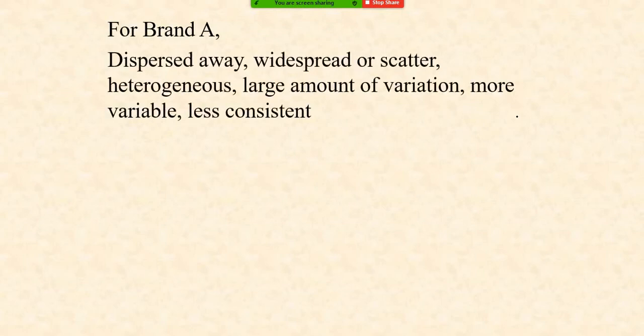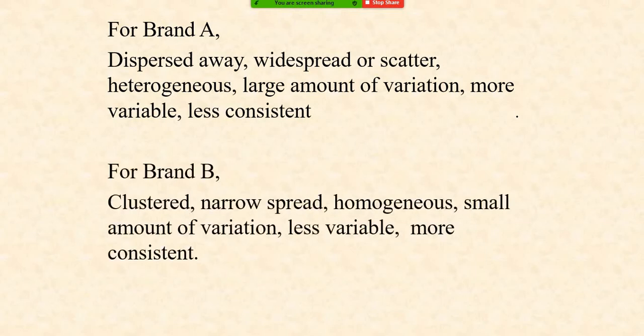We can describe the two brands even further as the following. For brand A, the data are dispersed, widespread, or scattered. We can also call it heterogeneous, with a large amount of variation, more variable, and, like we said a while ago, less consistent. For brand B, we can say that the data are clustered, there's a narrow spread, it's homogeneous, with a small amount of variation, less variable, and more consistent.